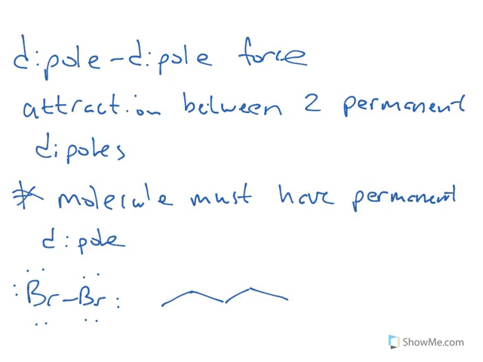Now, pentane is also a compound that does not have a permanent dipole. If we look here, we've got carbon bonded to carbon, carbon bonded to carbon, so we've got no permanent dipole there. You may ask, well, what about those hydrogens, right?